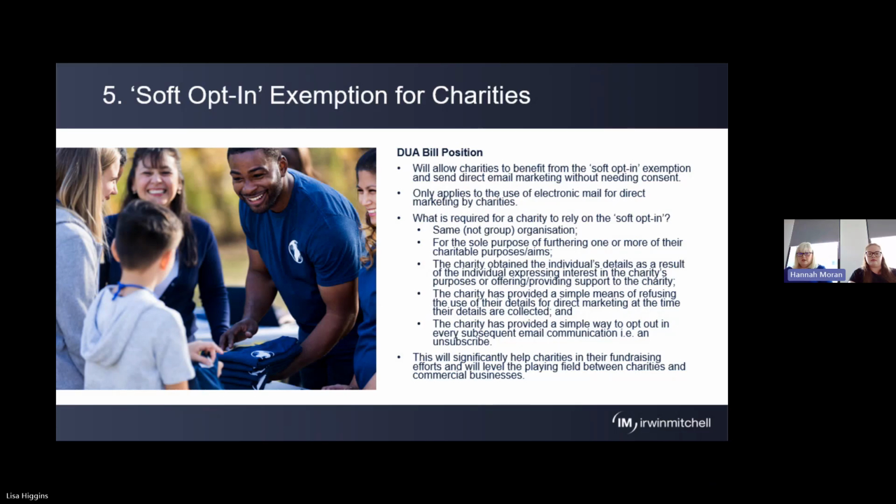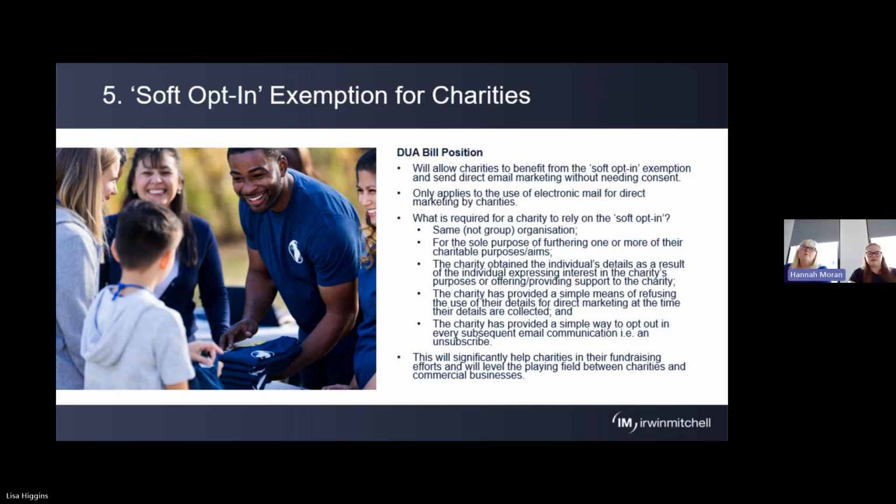Also, like the commercial side of things, there has to be an opt-out at the point of the collection of the data, and also there has to be unsubscribes for each communication that goes out to the individuals. If you can meet those requirements, then, as I say, rather than using consent, a charity can use the soft opt-in. And I know we certainly have some charities that are registered with us.